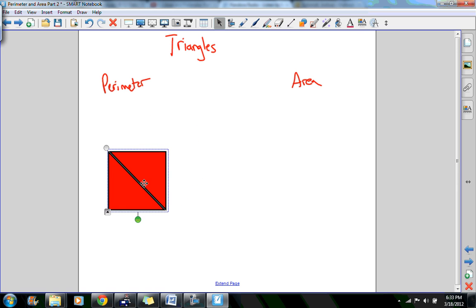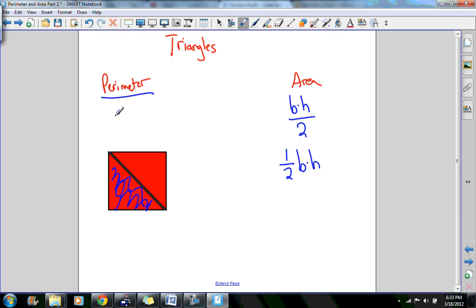And if I line them up, you notice what shape I just created. It's a rectangle. And a rectangle's area is base times height, but now, because the triangle is half of it, we can do base times height divided by 2, or we can do 1/2 base times height. These are going to be the same thing. So you got to write one of these down. For perimeter, you add up all the sides. Pretty simple.